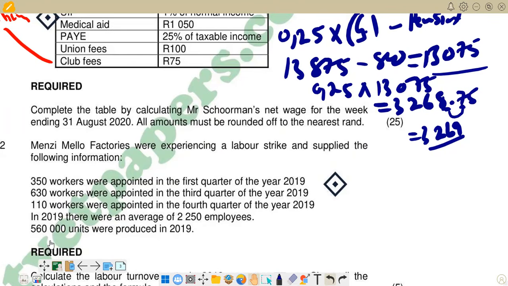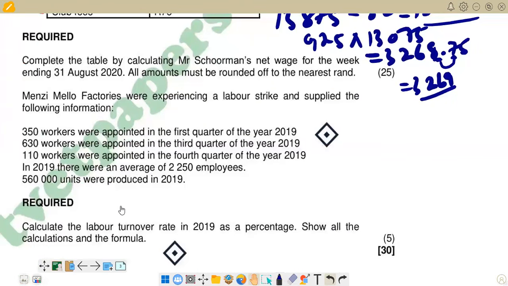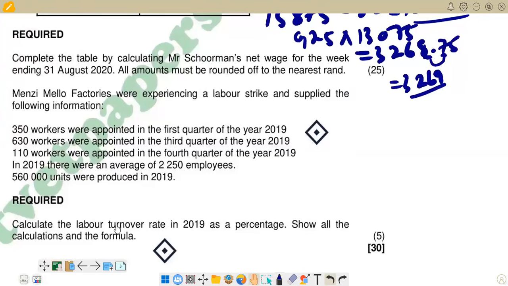Right. So the question is, let's go down and check what the question requires us to do. The question is saying calculate the labor turnover rate. Calculate the labor turnover rate in 2019 as a percentage. Show all the calculations and formula.